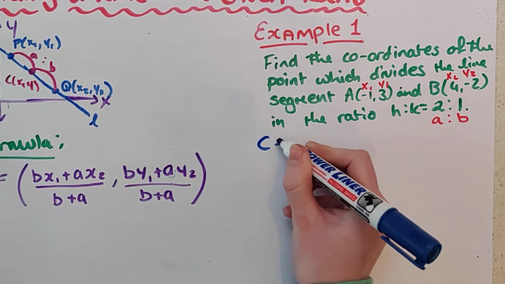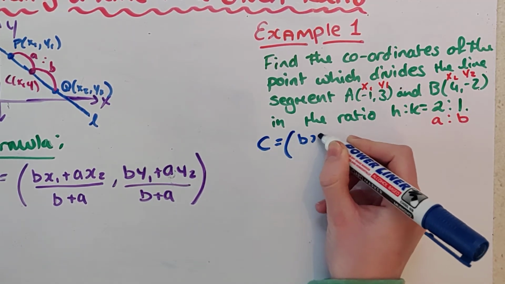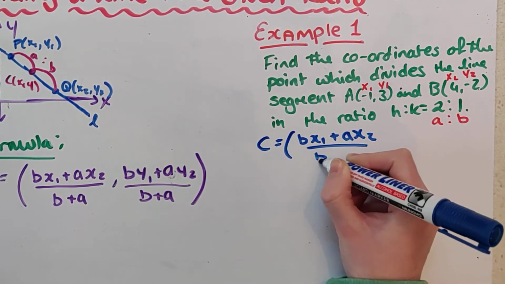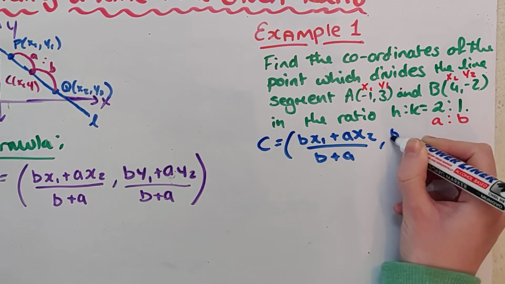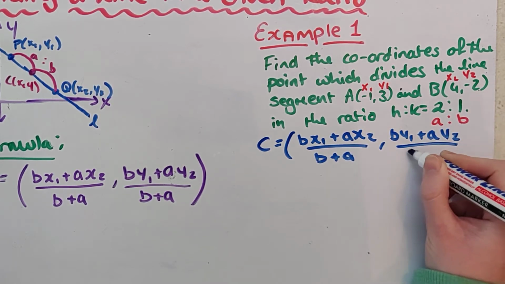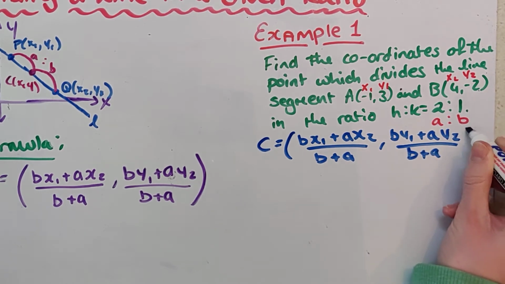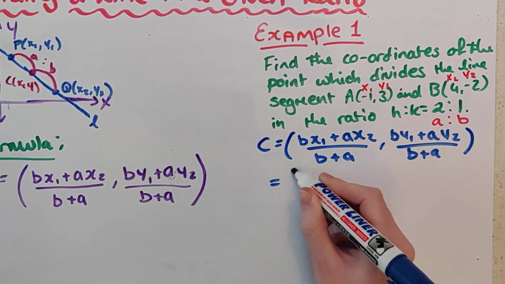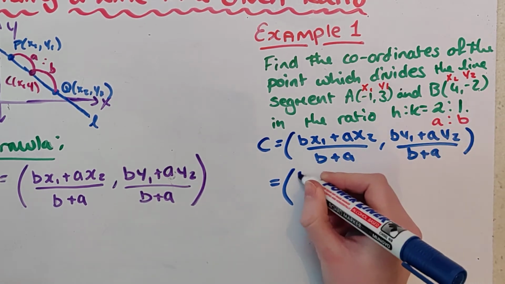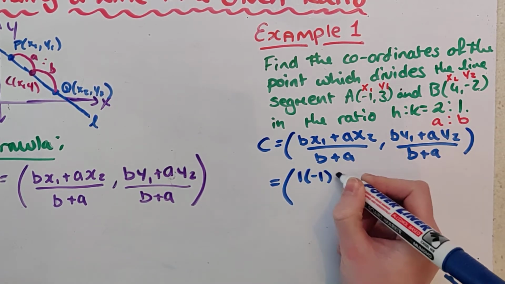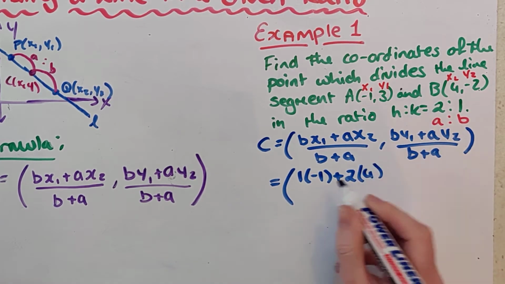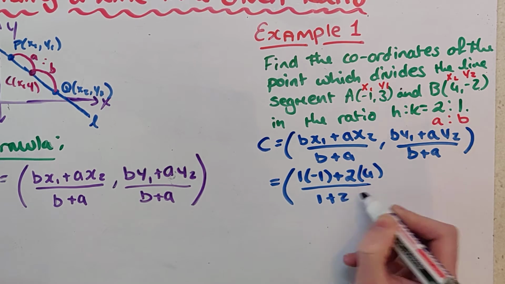The first thing I always do is I write out my formula: b·x1 plus a·x2, all over b plus a, b·y1 plus a·y2, all over b plus a. And now I'm going to fill in the numbers that I know. So b we know is 1, by x1, which is -1, plus 2, which is a, by x2, which is 4, all over 1 plus 2.